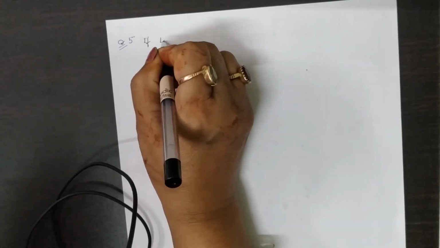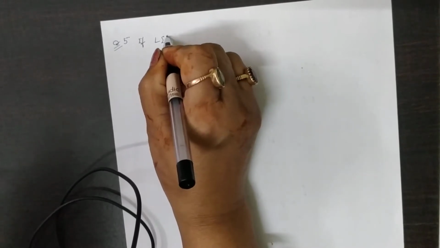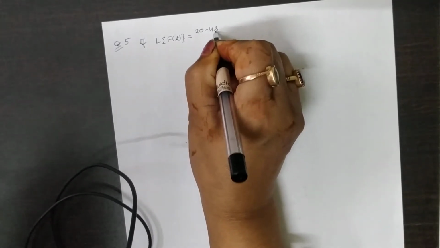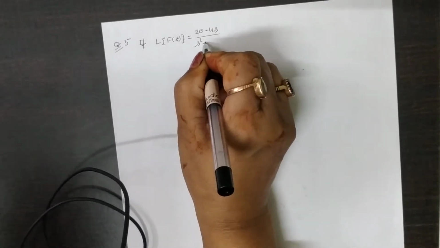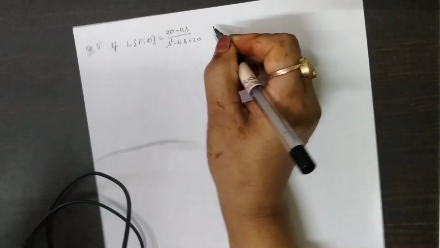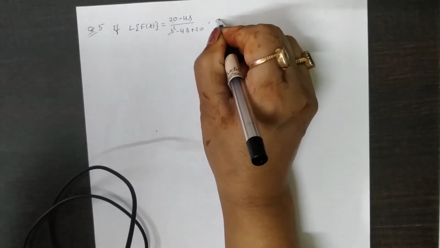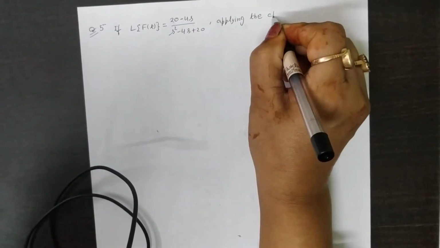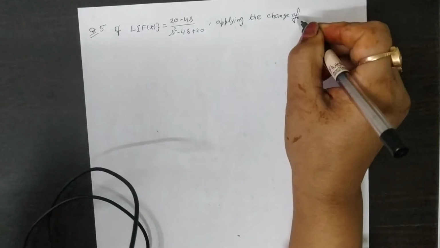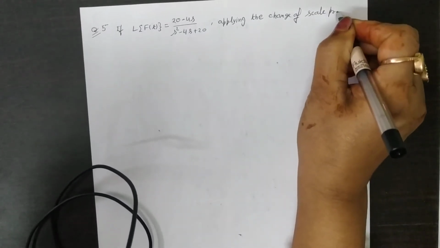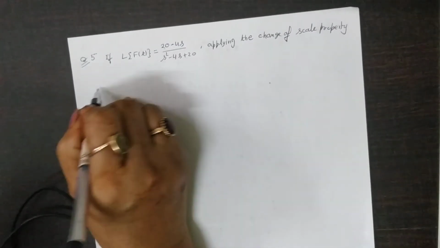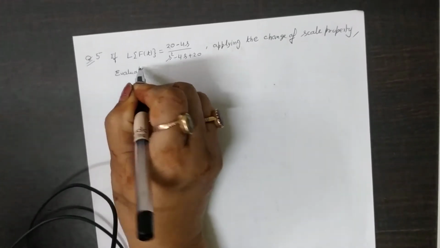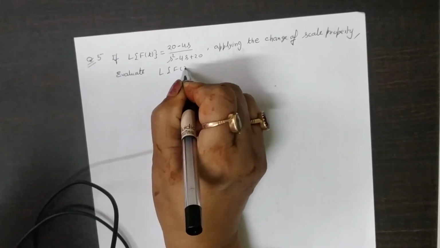If Laplace of f(t) is equal to (20 minus 4s) divided by (s square minus 4s plus 20), now applying the change of scale property, evaluate Laplace of f(3t).